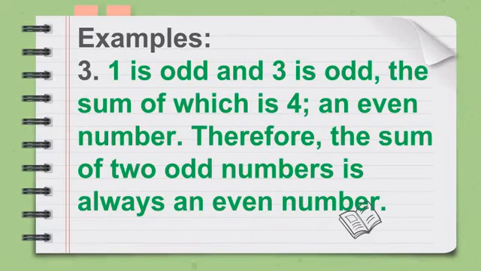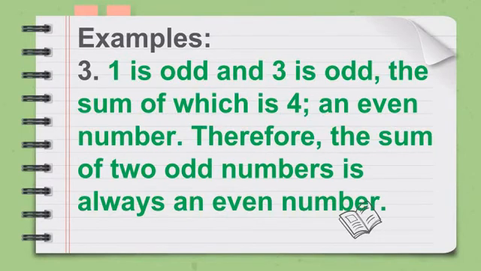Okay, another example. Let's say 1 is odd and 3 is odd. If I add these two odd numbers, the result is 4, which is even. How about 5 and 7? I add them, 5 plus 7 is 12, an even number. Again, 13 is odd, and so on. You keep trying.